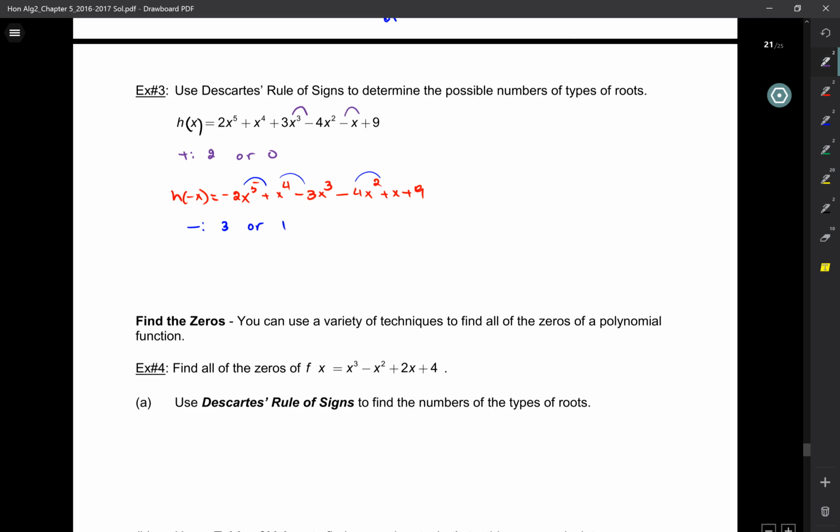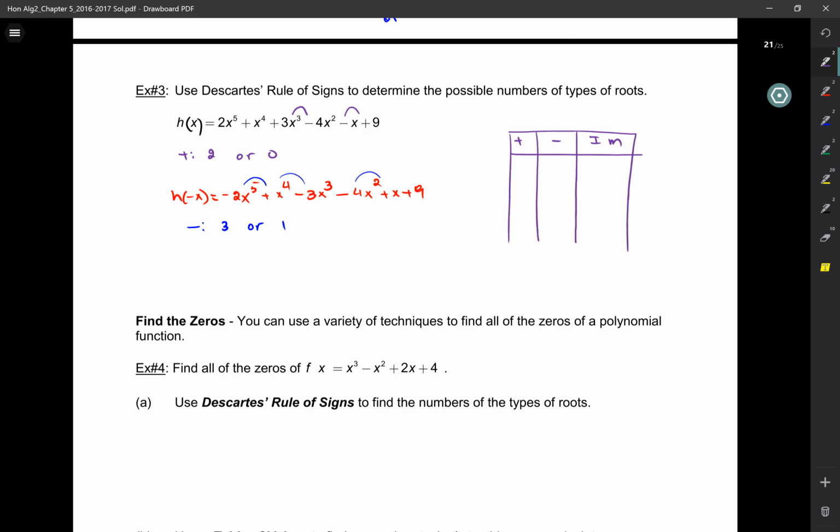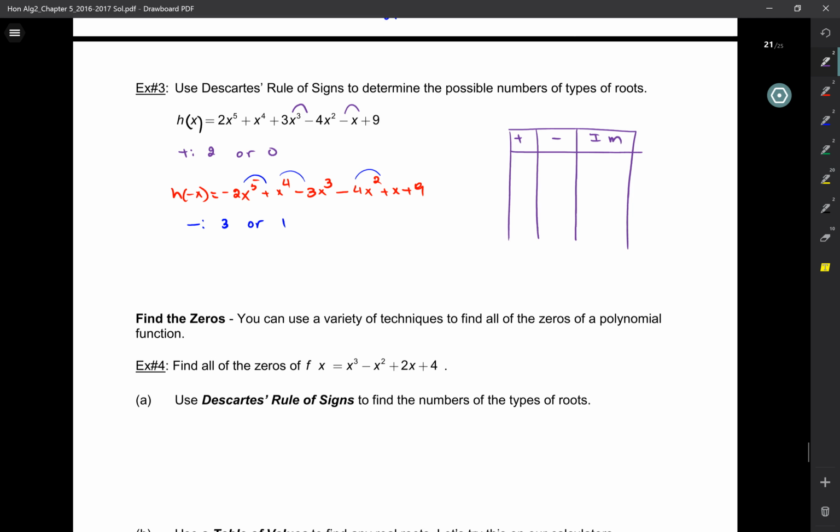So now let's make our chart. Positive, negative, imaginary. And again, I just want all the combinations. What should each row add up to this time? 5. Okay. So it's either 2 with 3 or 2 with 1.